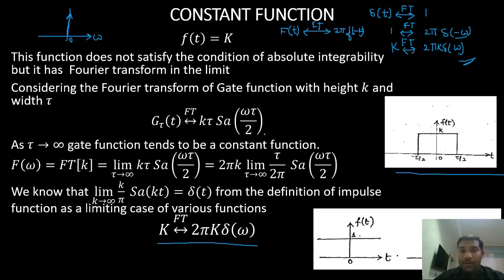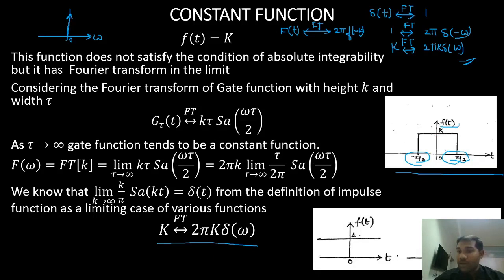This is the Fourier transform for my gate function. Now when tau tends to infinity, minus tau by 2 and plus tau by 2 also tend to infinity.